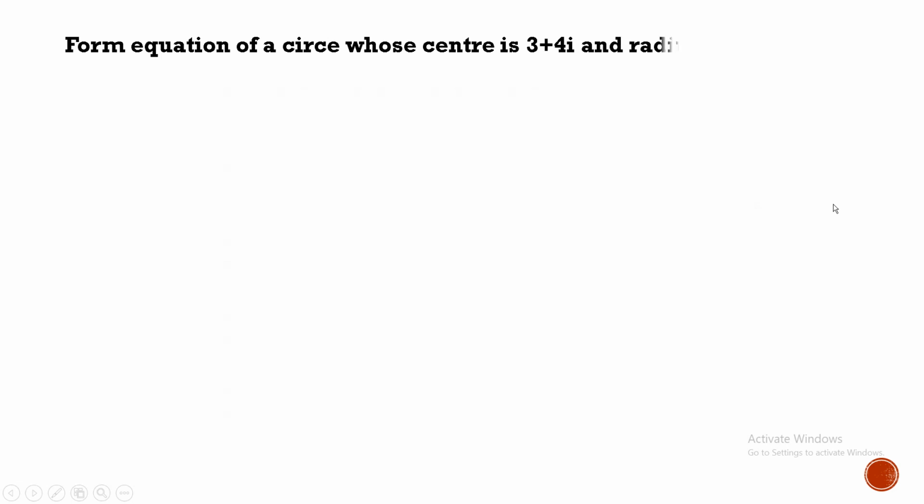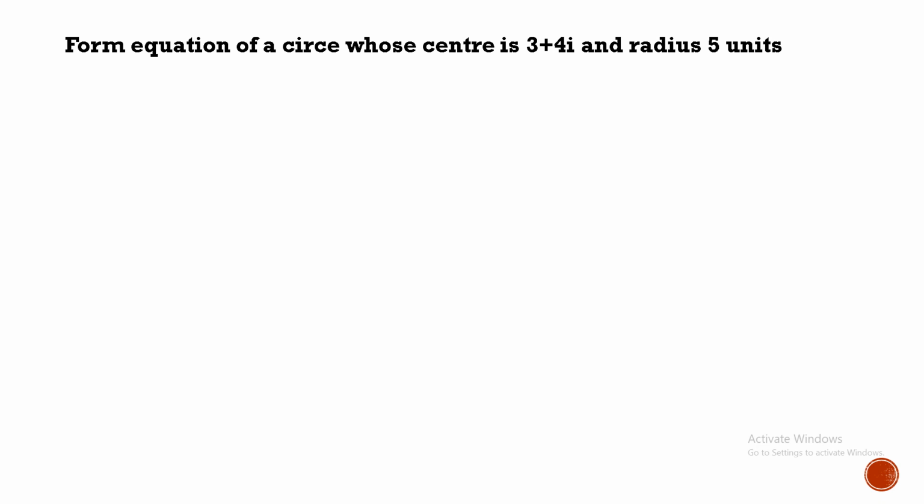Now let us try to see some problems. Let us consider a circle whose center is 3 plus 4i and radius is 5 units. How to form the equation of the circle?